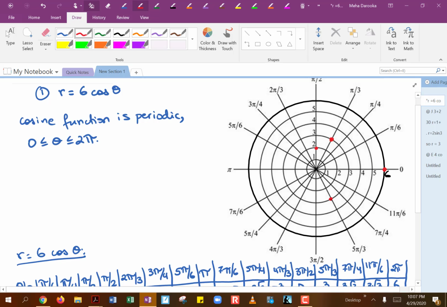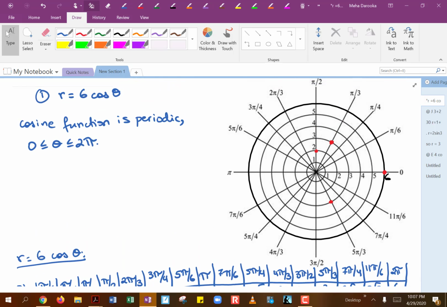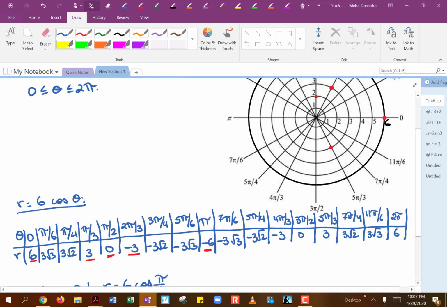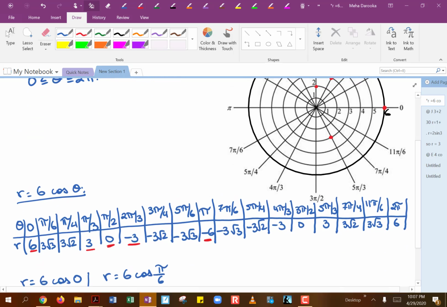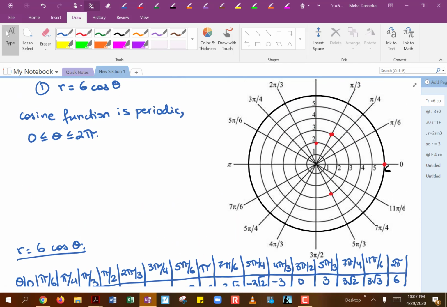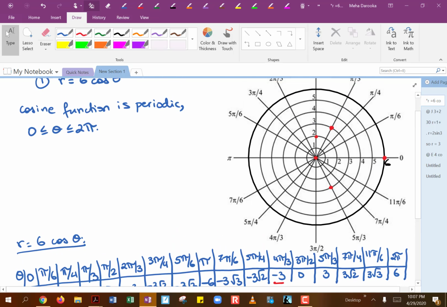No, I put it on the 4. This should be negative 3. There we go. And then let's see what's our next good point. Pi is at negative 6. Okay, 4 pi over 3 at negative 3.